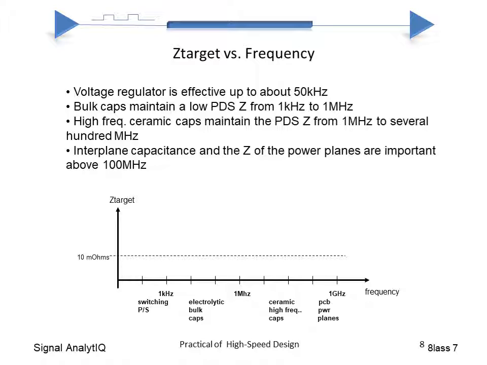And when you go to higher frequencies, the ceramic capacitors you choose would maintain the PDS impedance from 1 megahertz to several hundred megahertz. Above 100 megahertz, for example, the interplane capacitance and the impedance of the power planes are important to be considered.